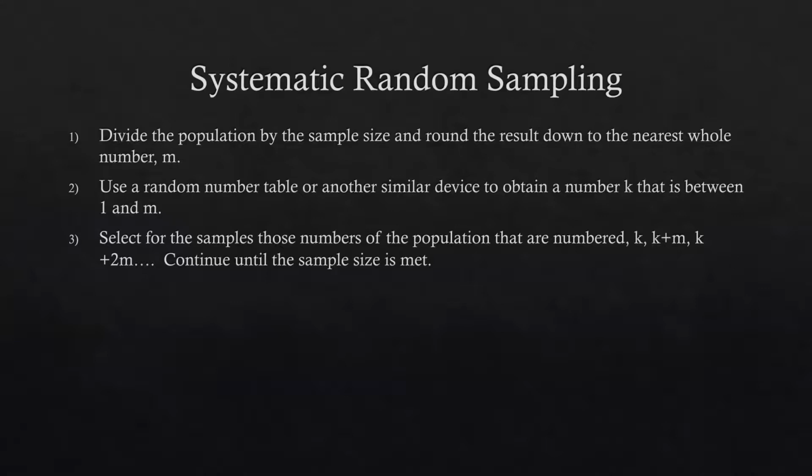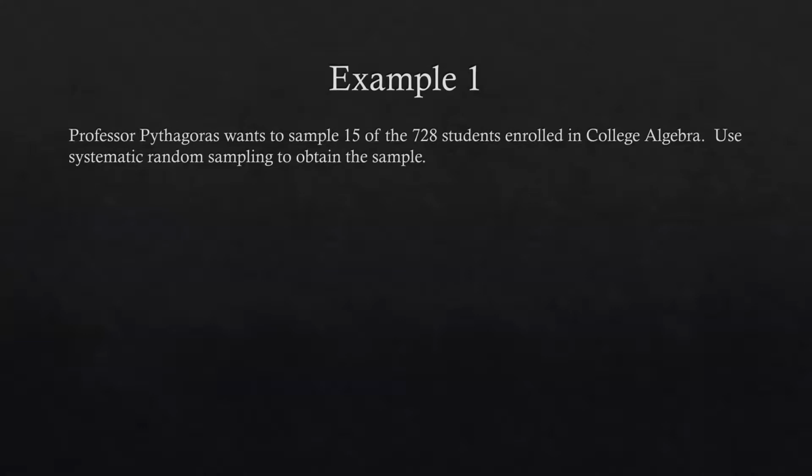Okay, so let's look at an example of this. Professor Pythagoras wants to sample 15 of 728 students enrolled in college algebra. Use systematic random sampling to obtain the sample.